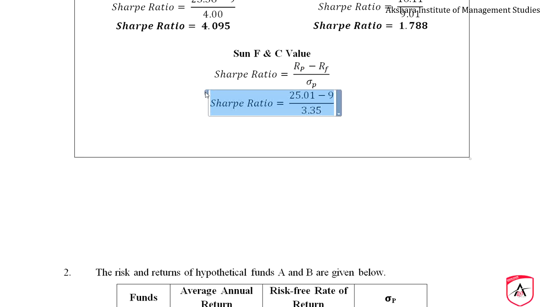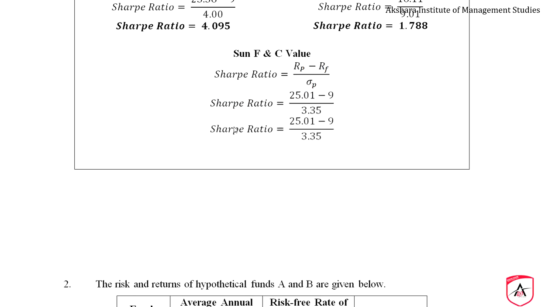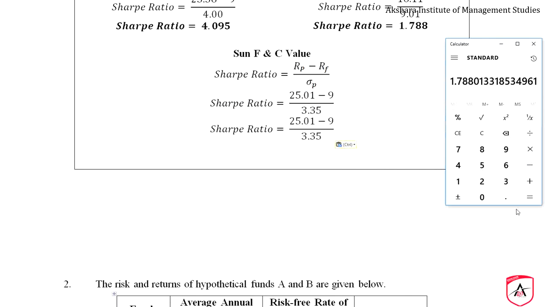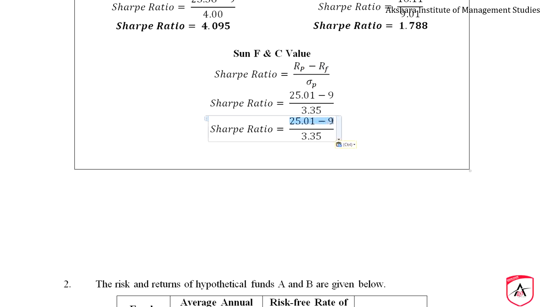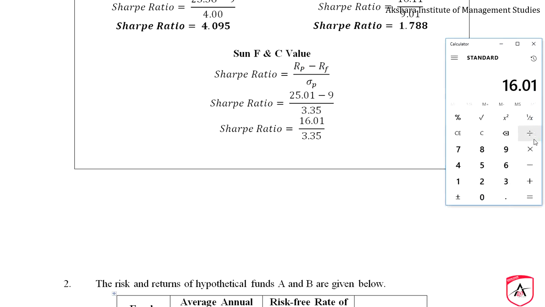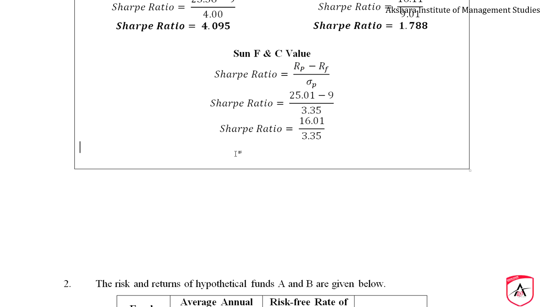Now we have to simplify this equation. 25.01 minus 9 equals 16.01. 16.01 divided by 3.35 equals 4.77.